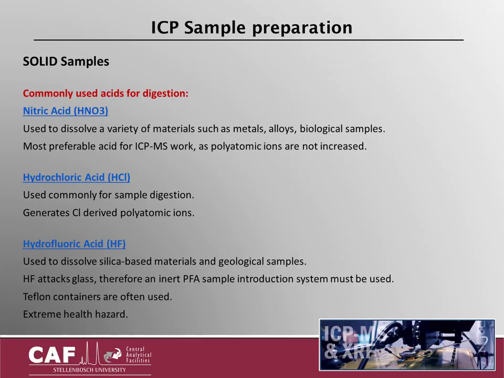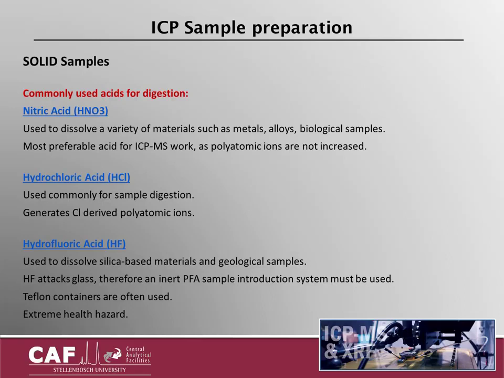The most often used acids are nitric acid and hydrochloric acid. Nitric acid is used for most materials, metals, alloys, biological samples. It's most preferable for ICP-MS work as it does not introduce any interferences into the measurement. Hydrochloric acid is often used with nitric acid.